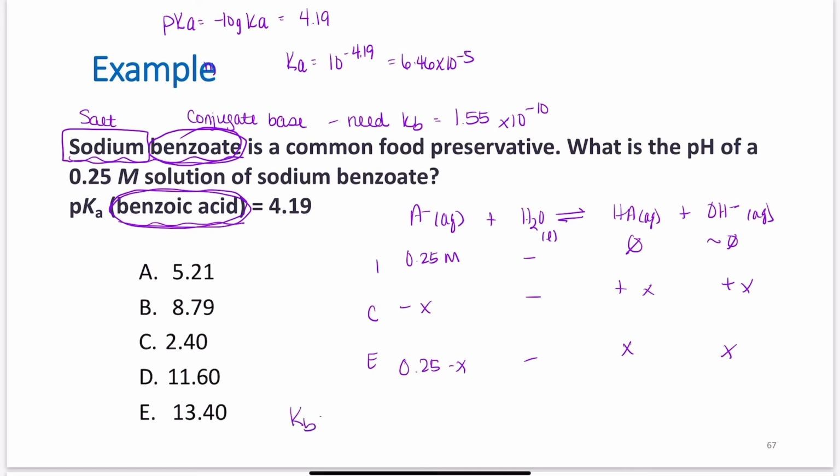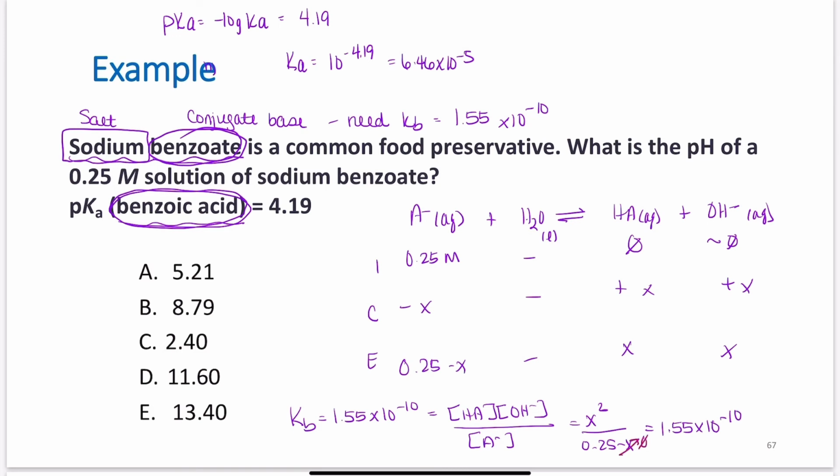So I set up my Kb, and I know Kb is equal to 1.55 times 10 to the negative 10. This equals HA times OH minus over A minus concentration, or x squared over 0.25 minus x. This equals 1.55 times 10 to the minus 10.